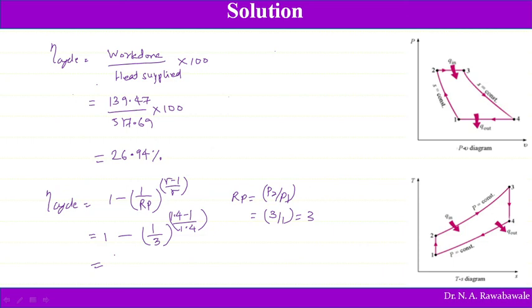By this method also we are getting efficiency as 26.94%, which if we multiply by 100 is in percentage. So by both the methods we obtained the same answer.